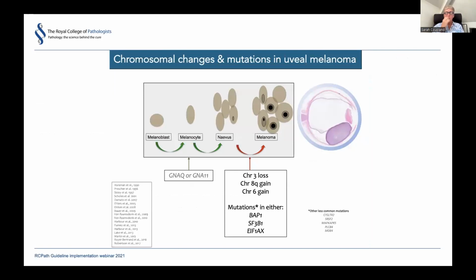But what I want to highlight here is that, again, the uveal melanomas are distinctly different from their cutaneous cousins, and that in approximately 80%, you have an initiating mutation in either GNAQ or GNA11, and then to create the malignant tumor, you have additional mutations and copy number variations, which are listed here. And the most significant ones in terms of prognostication are chromosome 3 and BAP1.